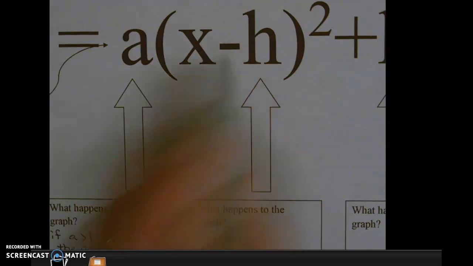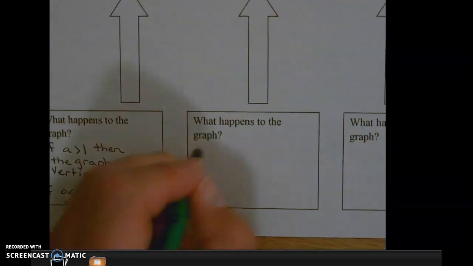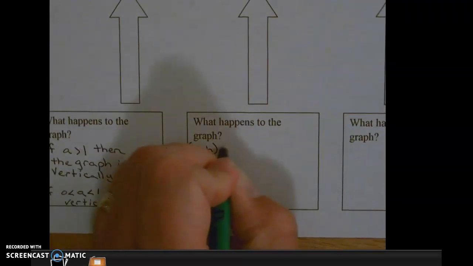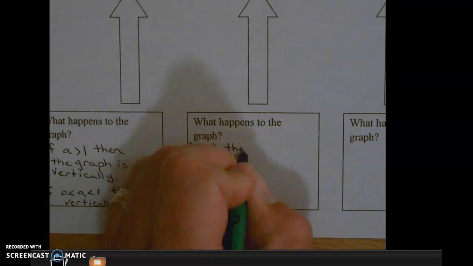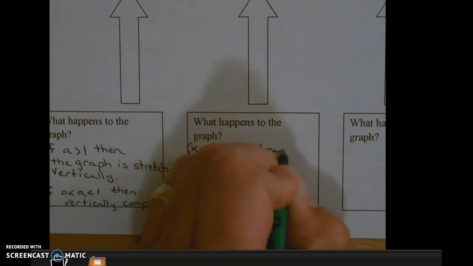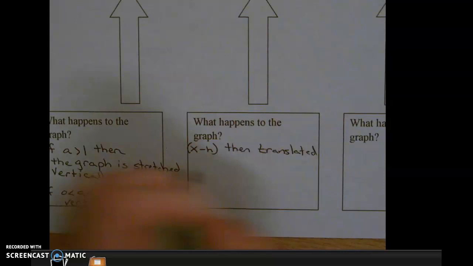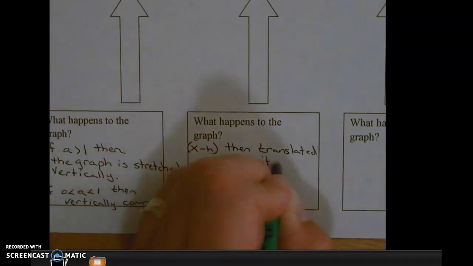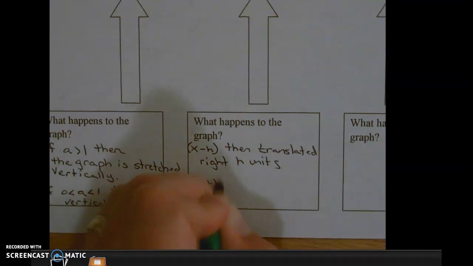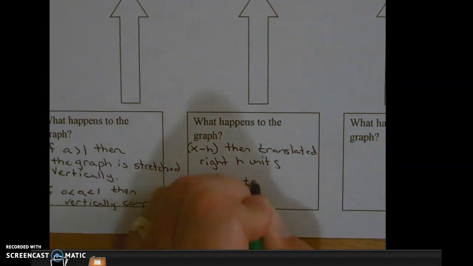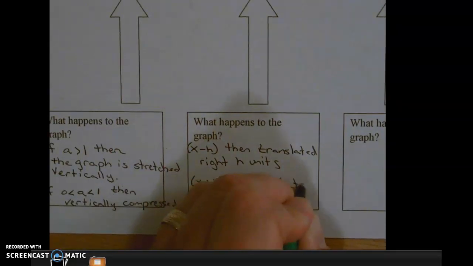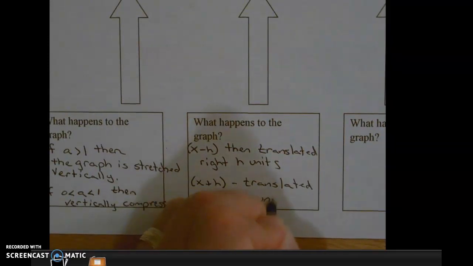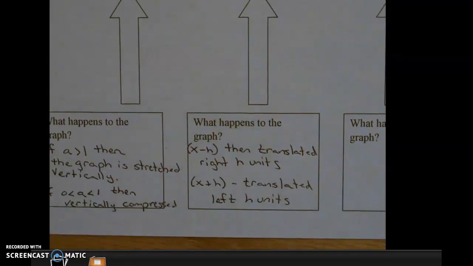So if it is x minus h, then translated right h units. x plus h, translated left h units. It's the opposite of what you think, okay?